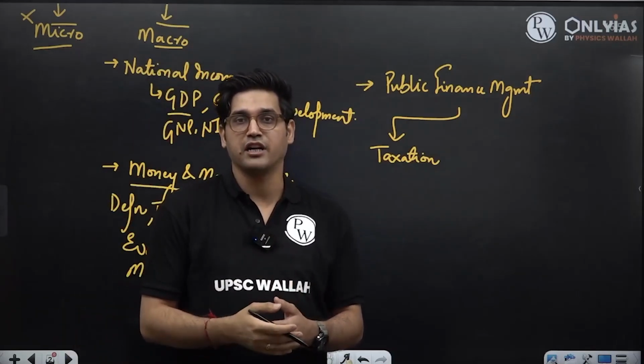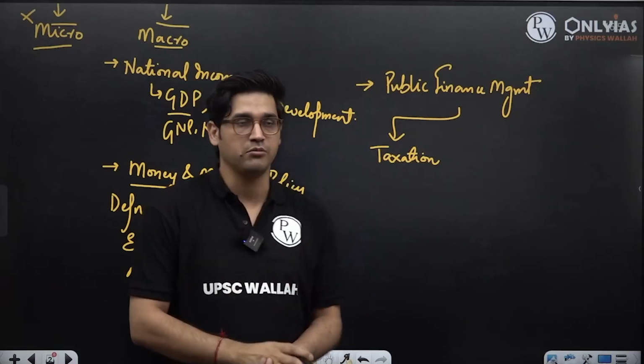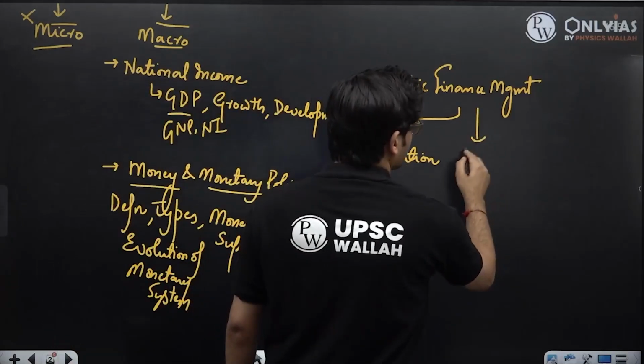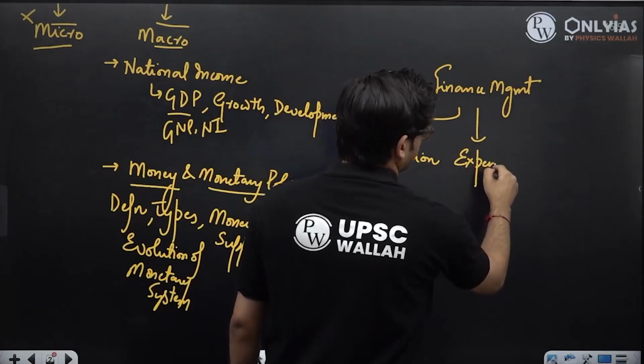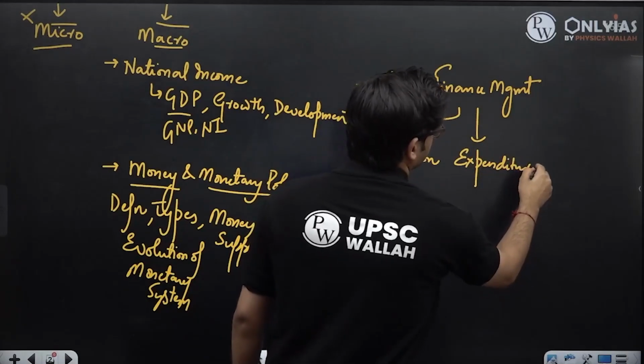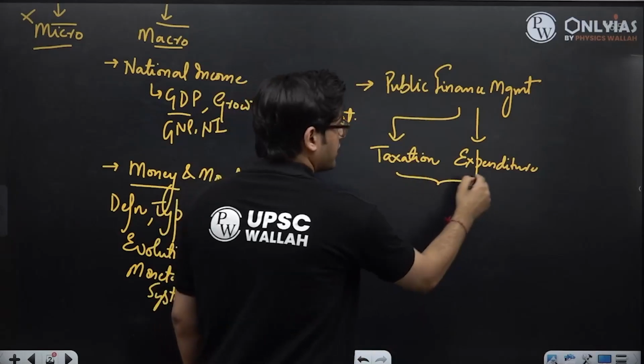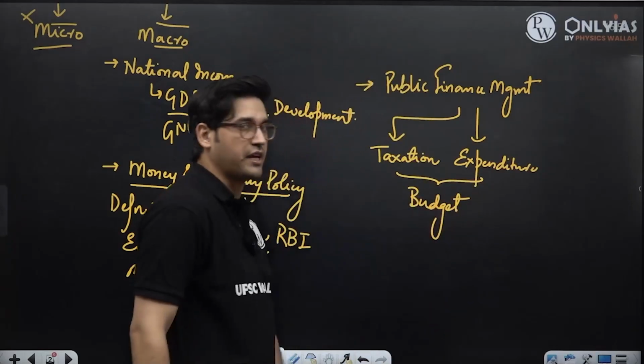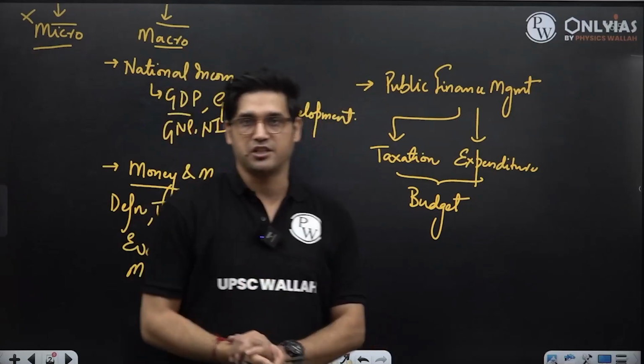Where does government make most of its money from, which is taxation. Followed by taxation, we will also have to discuss the expenditure of the government. Both of them together will be forming a part of an important exercise, which is that of the budget.